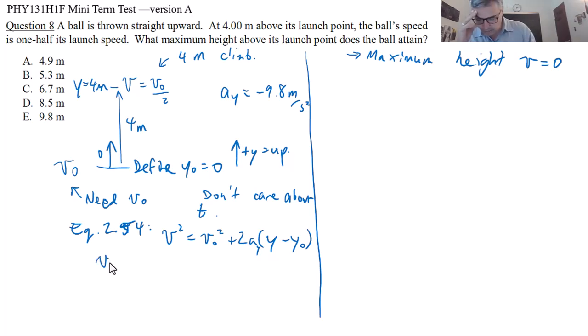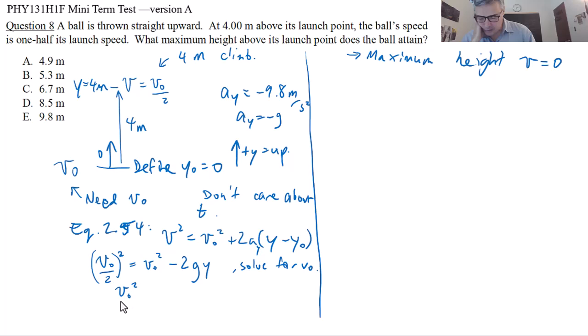So it's going to look like v0 over 2, all squared, equals v0 squared minus 2 times g, because I've replaced a sub y with minus g. And then y0 equals 0, so this is this 4 meters y. And what are we trying to do? We're trying to solve for v0. How do we do that? Well, let's square this stuff on this side.